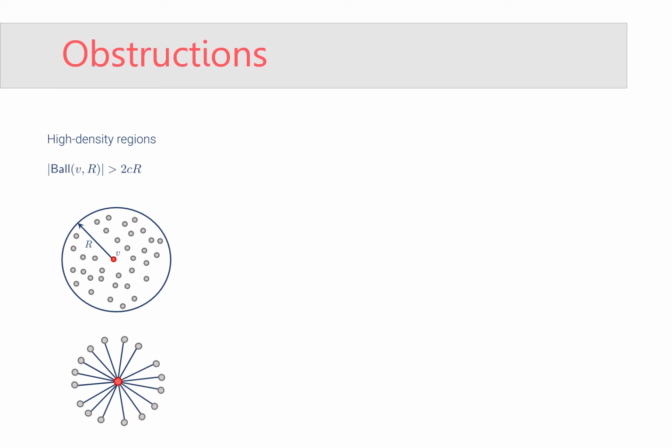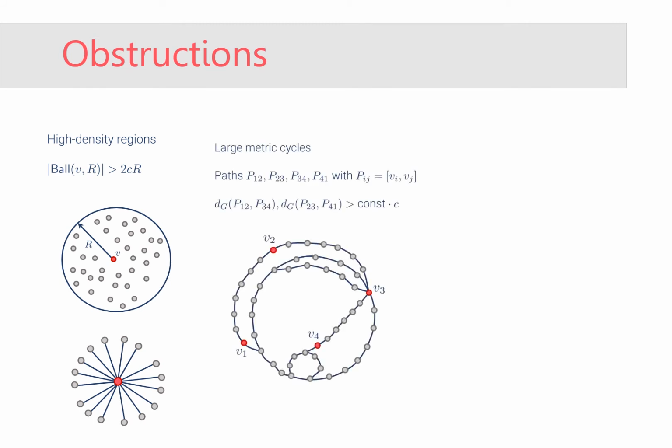The second obstruction is large metric cycles. This is an object which is a little more fancy than the usual cycles. It turns out it's not enough to consider only the graphs which contain large cycles. What we also need is that the cycle should be decomposable into relatively long paths which have large distances between each other.